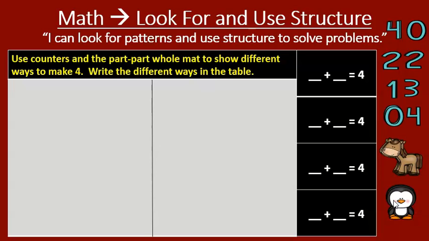Now, boys and girls, what number do we have to equal to get the total? What's these numbers here? What is this number? What is this number? What is this number? Good job, 4. So look at that. Each of these addition equations, we have to come up with a total of 4.